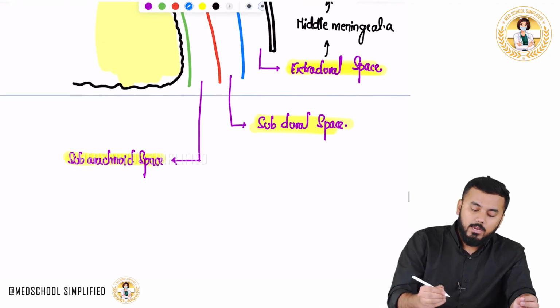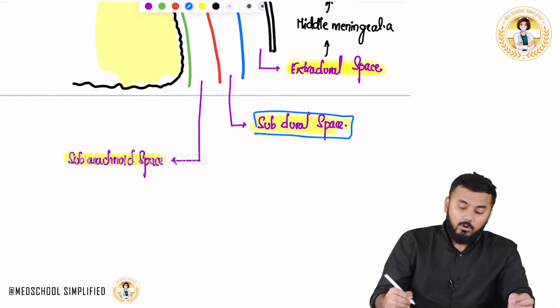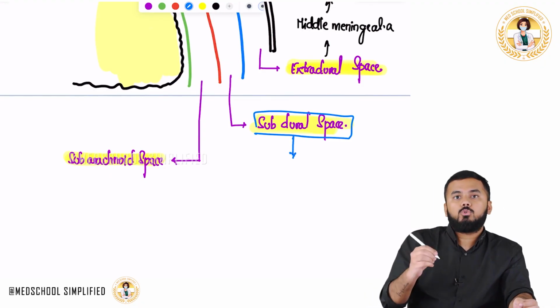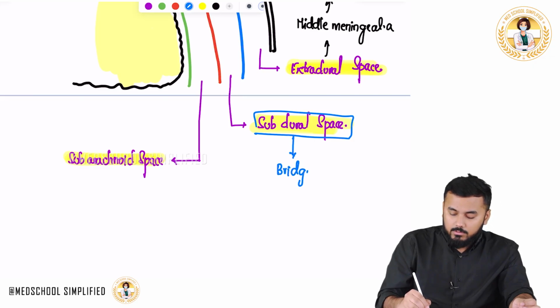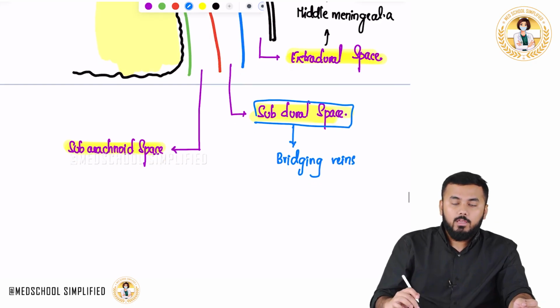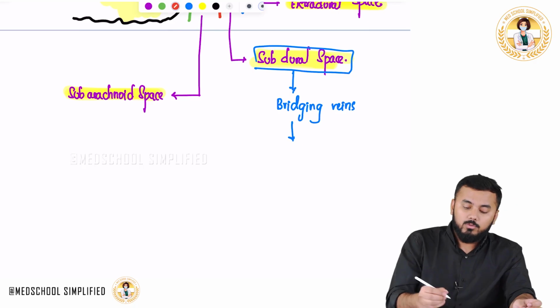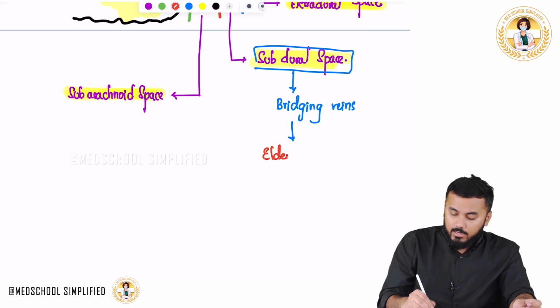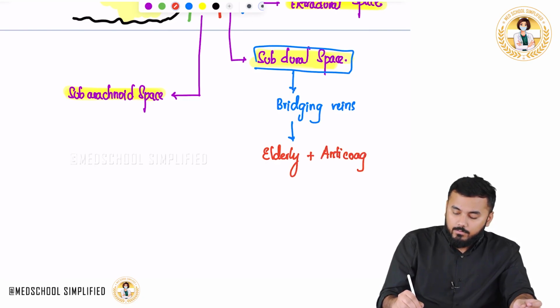Next important thing is the subdural space. Within the subdural space you have vessels called bridging veins. Elderly people, guys, this subdural space problem mainly happens to elderly people, mainly those on anticoagulants like warfarin.